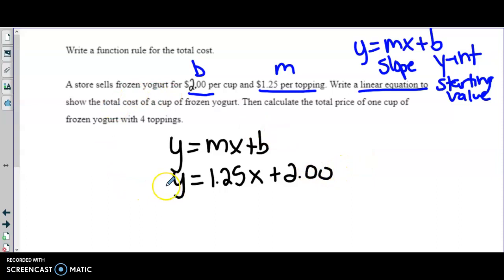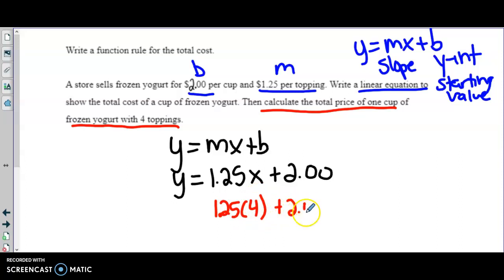So we've written the linear equation, and then it says to calculate the total price of 1 cup of frozen yogurt with 4 toppings. So we know the starting price is $2, but now we also know that we have 4 toppings. So we're going to plug in a 4 here for x. 1.25 times 4. And remember, when you substitute things in, you want to make sure you put them in parentheses.